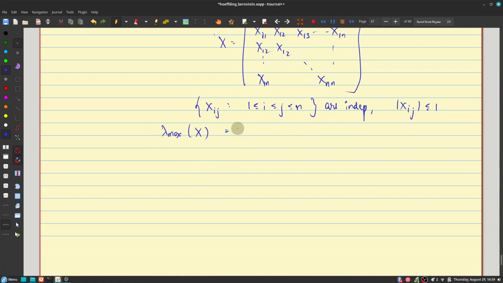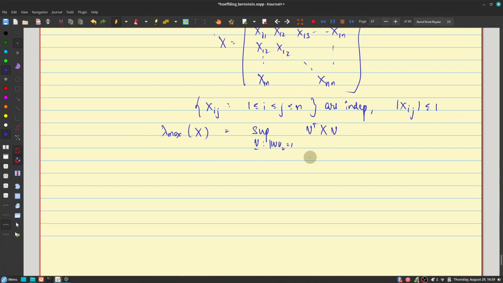Okay, an easier way is the largest eigenvalue is the supremum over all vectors v which have, let's say, unit norm of v transpose X v. Because the two norm of... ideally what?